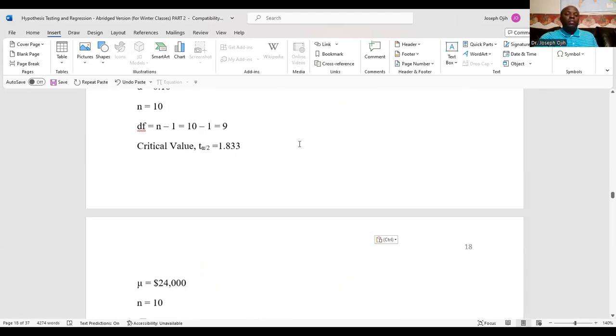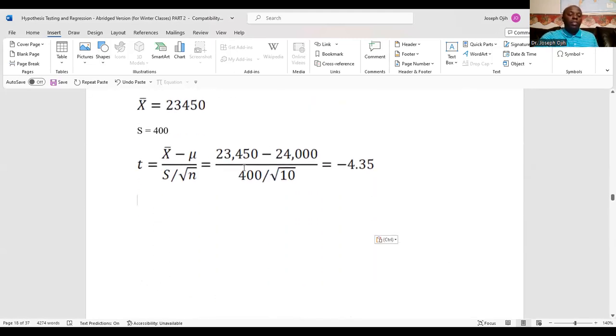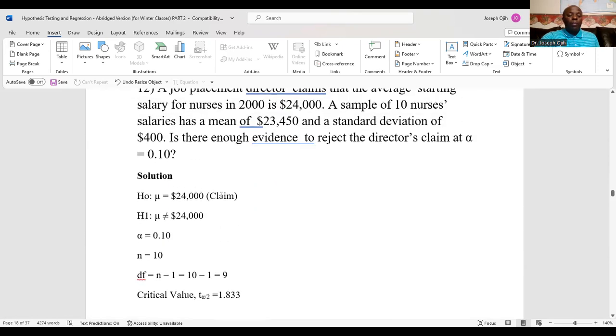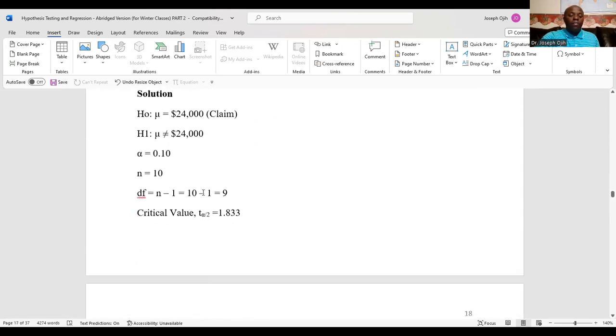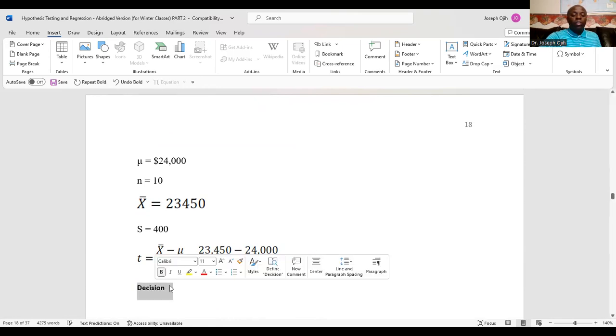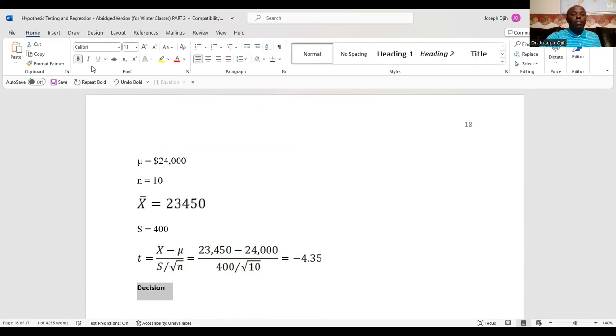Now, again, we have done almost everything. We have done the calculation. We have done the hypothesis, our alpha, our critical value. Now we got our T test result. Now it's time to make a decision. Remember, the decision is based on the critical value, and for the critical value, you do the opposite of the p-value.